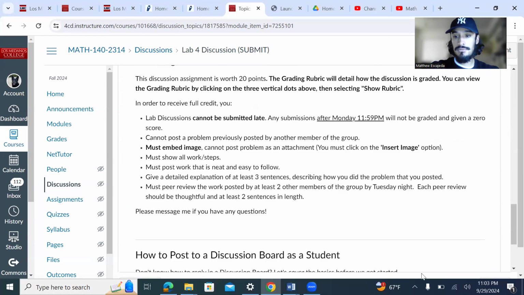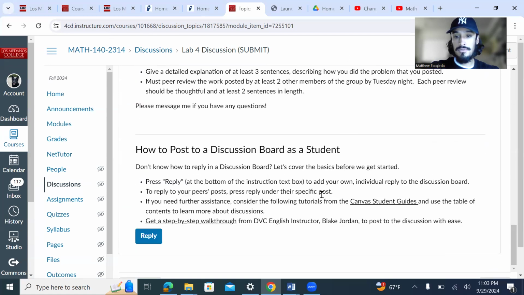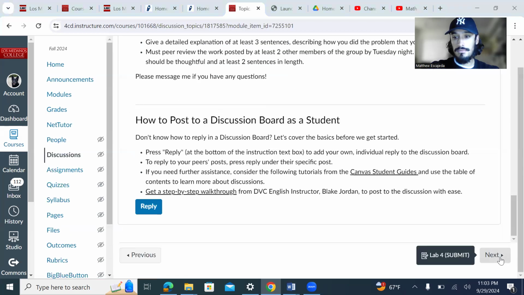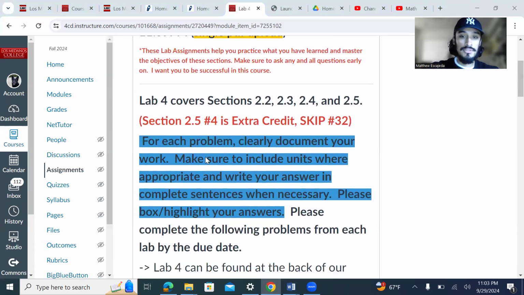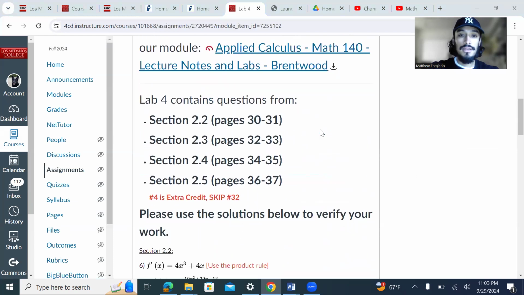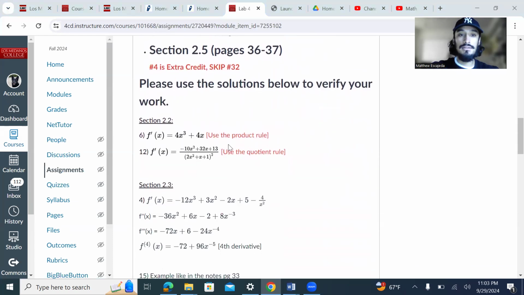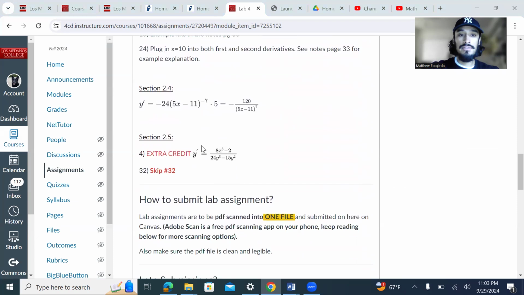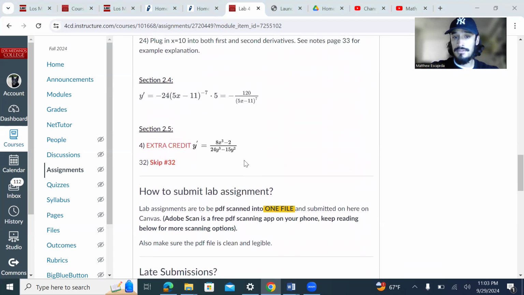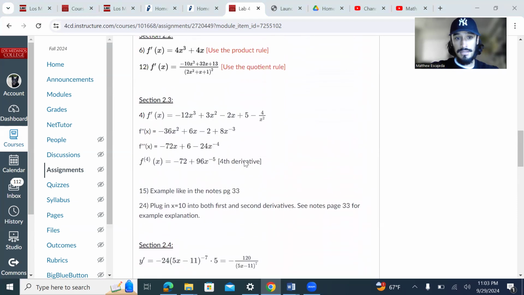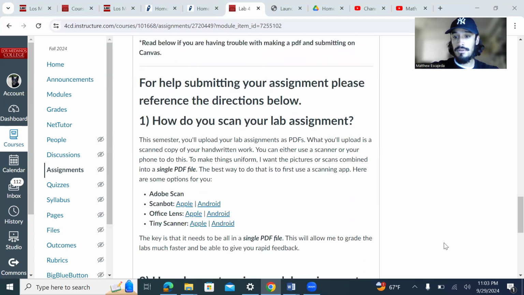And so that leads us into the lab assignment, which is lab 4. Once again, 2.5, number 4 is extra credit. You can skip number 32. And you can check your solutions here. I even gave a solution for 2.5. So if you can work your way to there, great. If not, it's okay. It's just extra credit. But yeah, so here's lab 4.